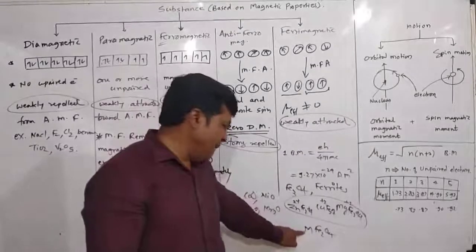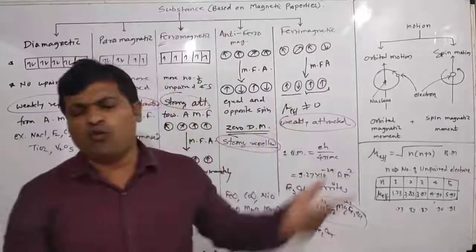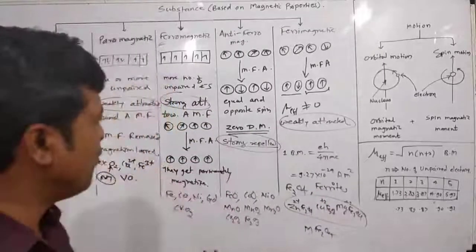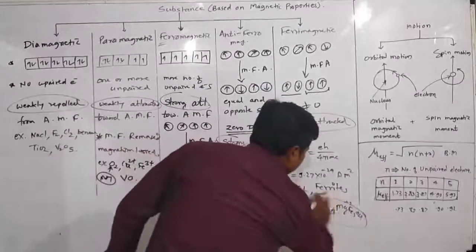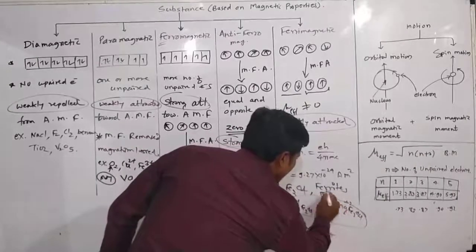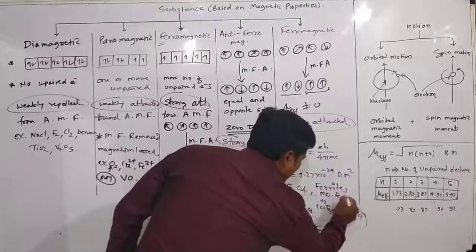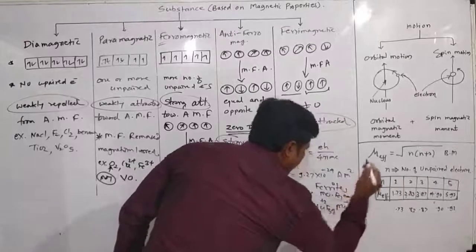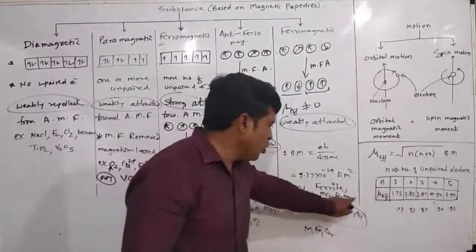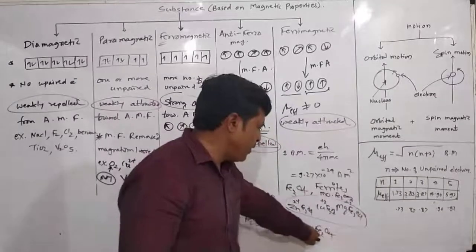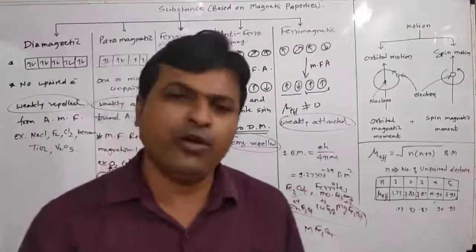M Fe2O4. We can also write the formula of ferrite as MO·Fe2O3, that means MFe2O4.